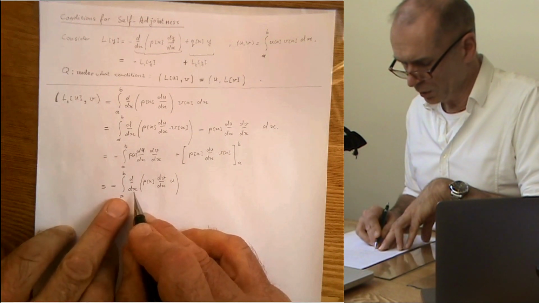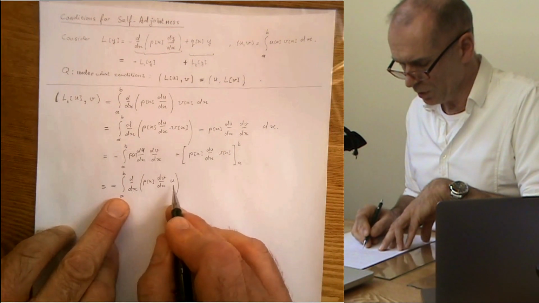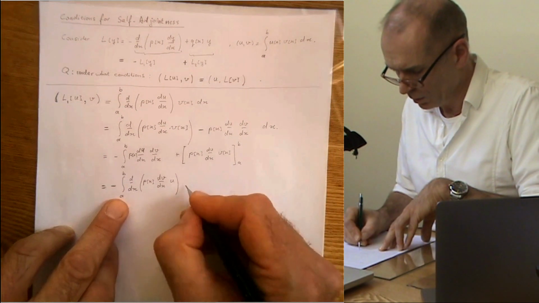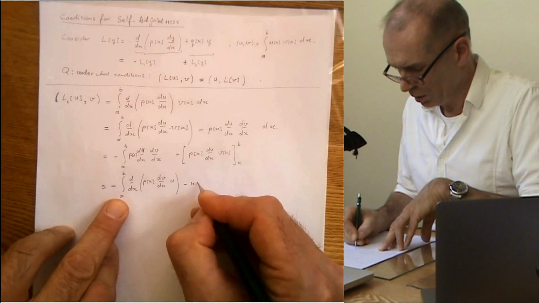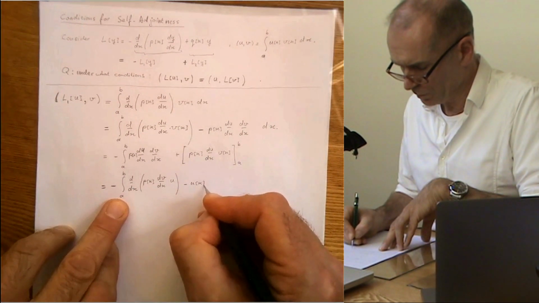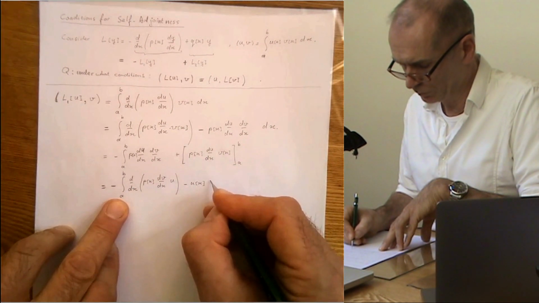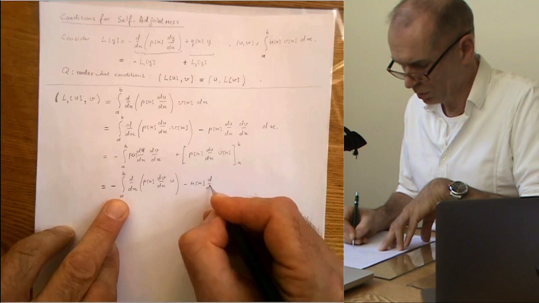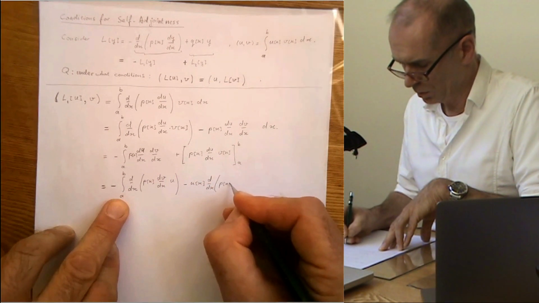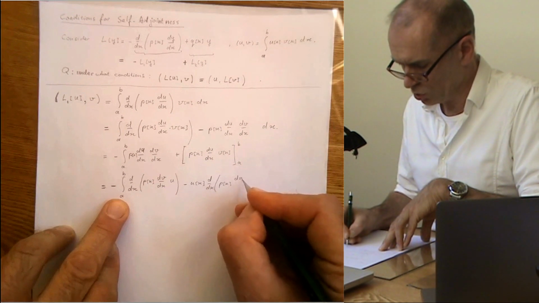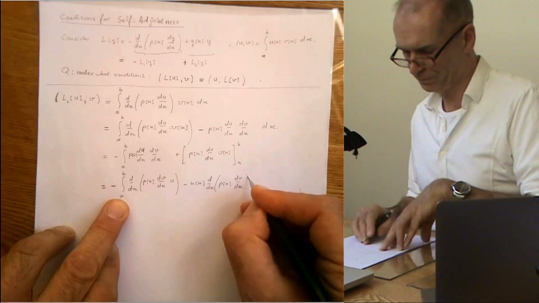What I do get is, if this operates on that, it's fine, but the rest I don't have, so I have to subtract. u x d/dx acting only on p and dv/dx. See?